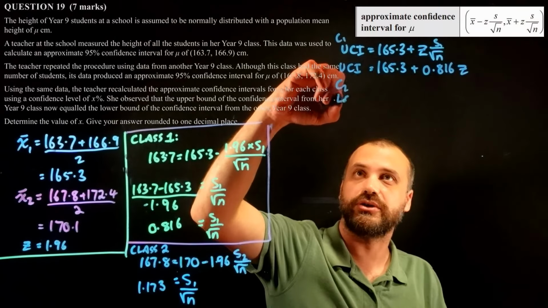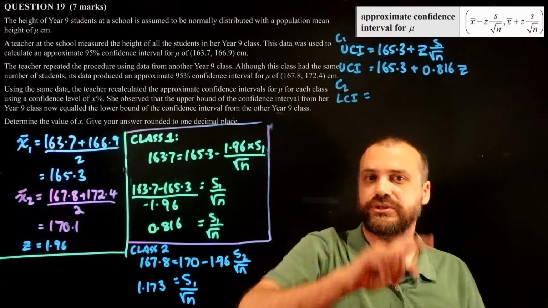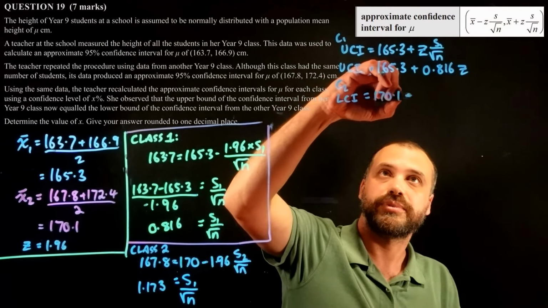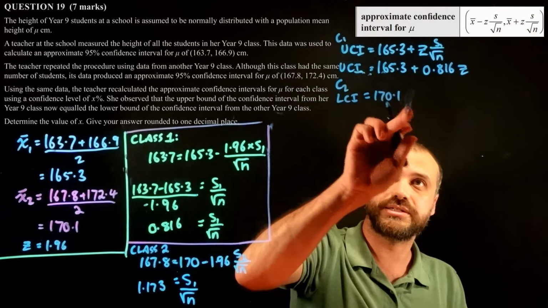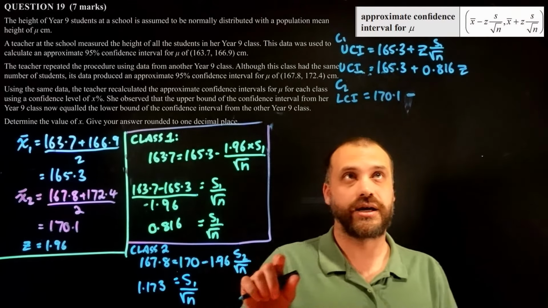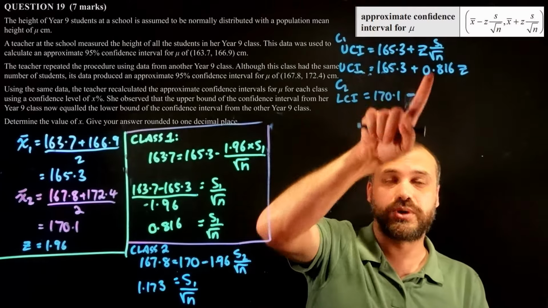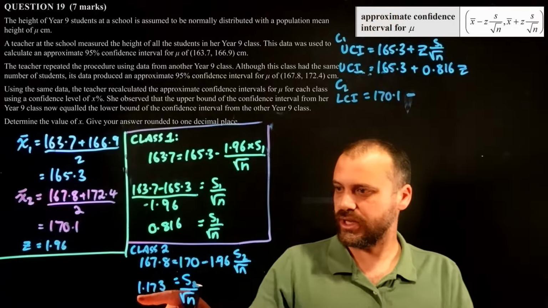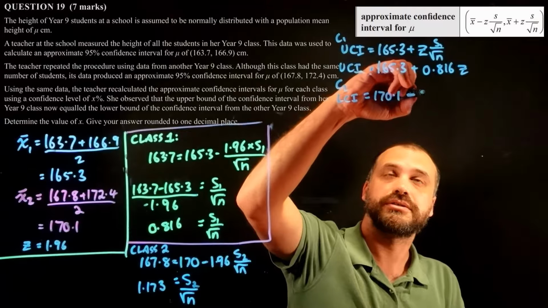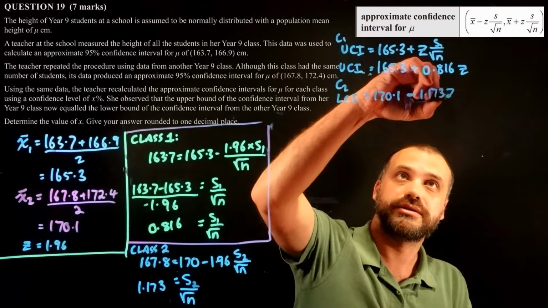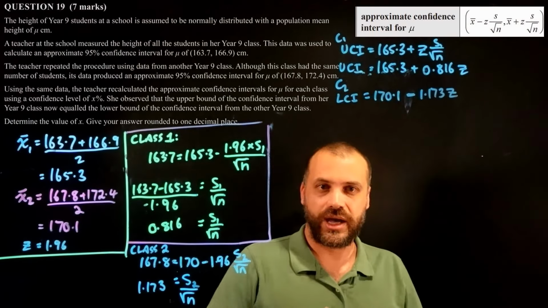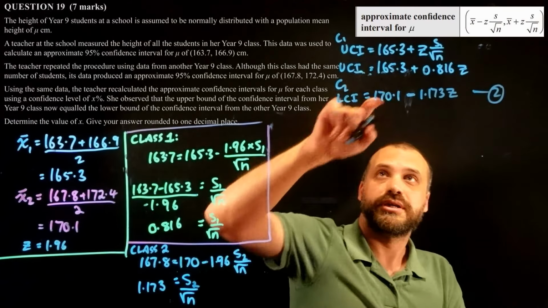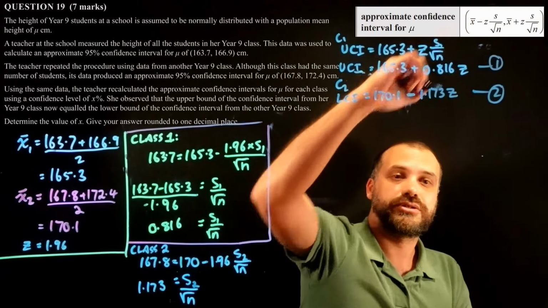All right, so their lower confidence interval needs to be equal to 170.1 plus, lower, so it's minus, and then it's going to be the same Z, but we know that their S2 over root n is 1.173, so 1.173 Z. And finally, we know that this equation, call it equation 2, is equal to equation 1.